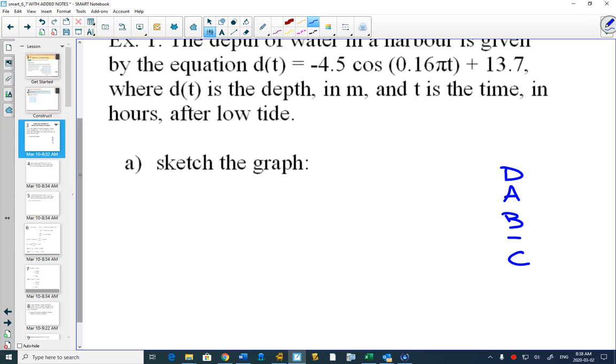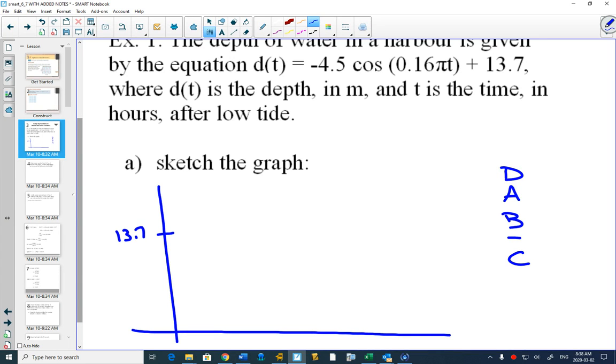So when I'm going to draw this one, it makes sense that I would have my axes like this. And I'm going to pick a random place to put 13.7. And as soon as I do that, I set a scale that this length is 13.7. But I can label my sinusoidal axis at y equals 13.7, and I've completed the d-value.